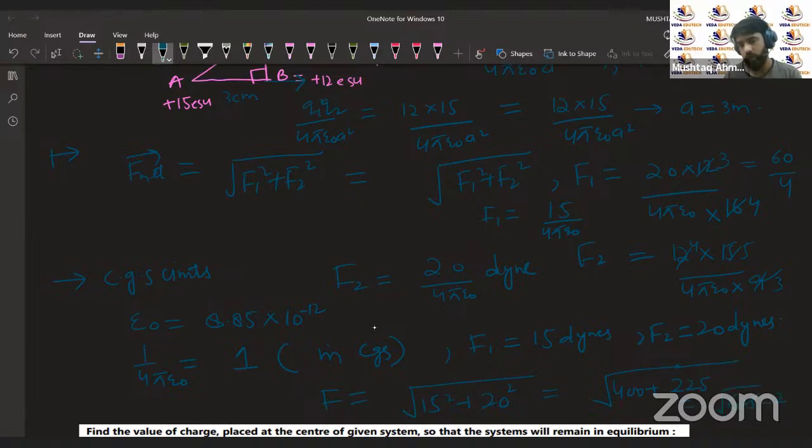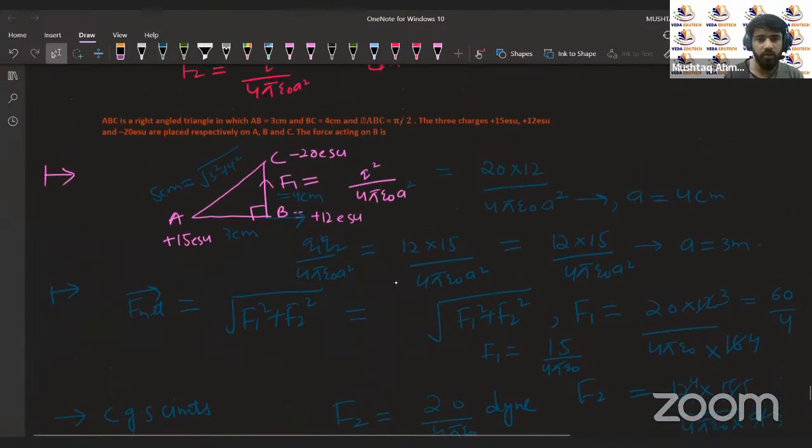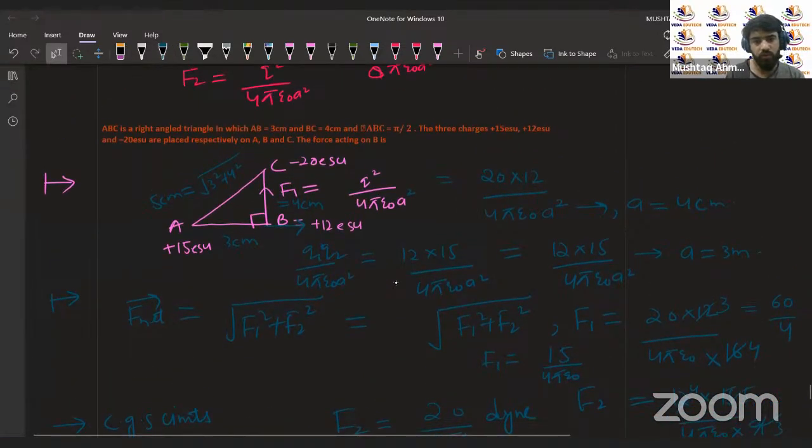And the root of 625 is 25. So the net force acting on the charge placed at point P is equal to 25 dynes.